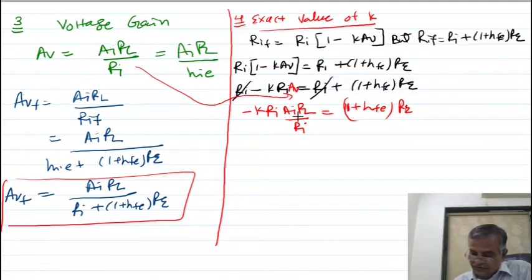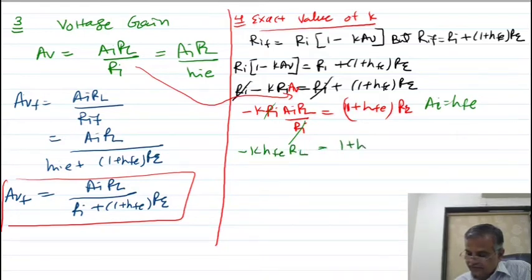So again, this is cancelled, and AI is nothing but HAB. So minus K HAB into RL upon 1 plus HAB into Re. So K is equal to minus 1 plus HAB upon HAB into Re by RL.